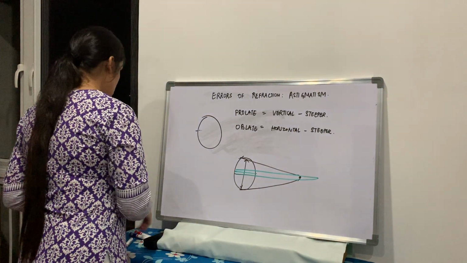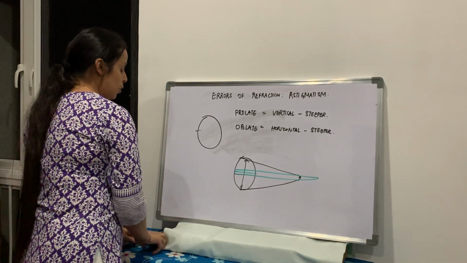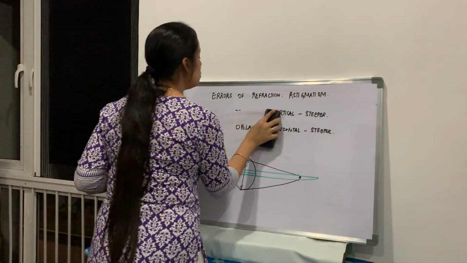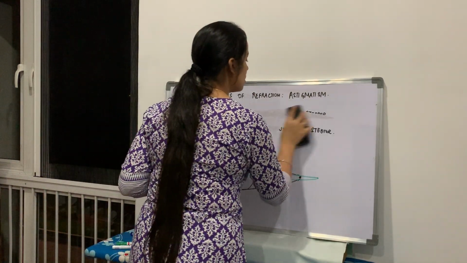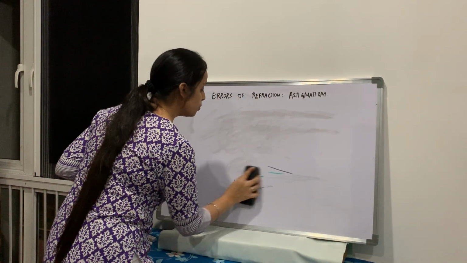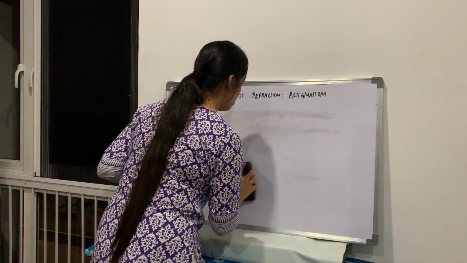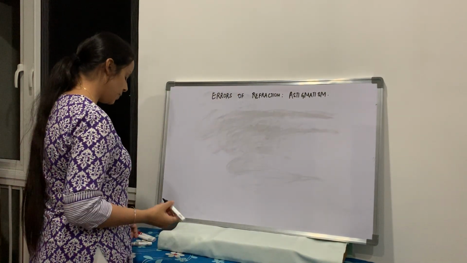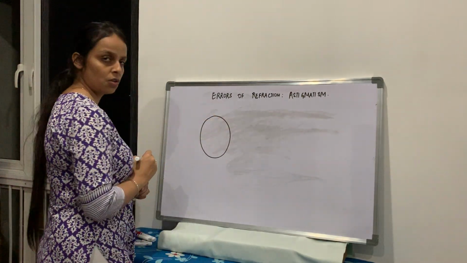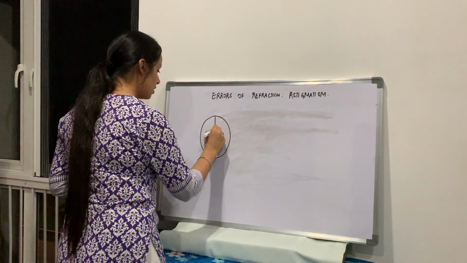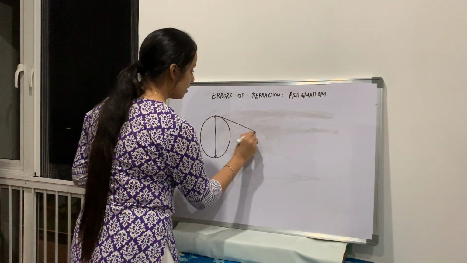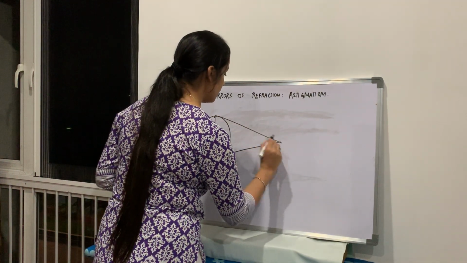Okay. So now I'll give you a very important concept, the Sturm's conoid. We've often heard about Sturm's conoid and to some of us it's a little confusing. So why is it a little confusing? I'll demonstrate to you, and I hope that all our doubts are clear after this. Okay. So suppose this is my cornea. Considering that the vertical meridian is a little bit steeper, the rays of light are coming to focus here.